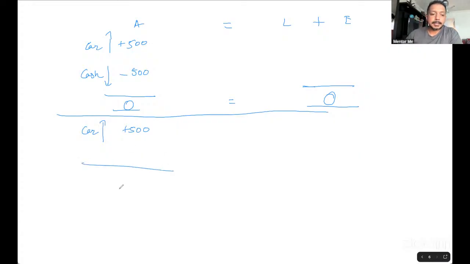On the asset side, we've got a 500 increment. On the liability side, the debt will increase by this 500. That's how the balance sheet got tallied. Are we getting this?